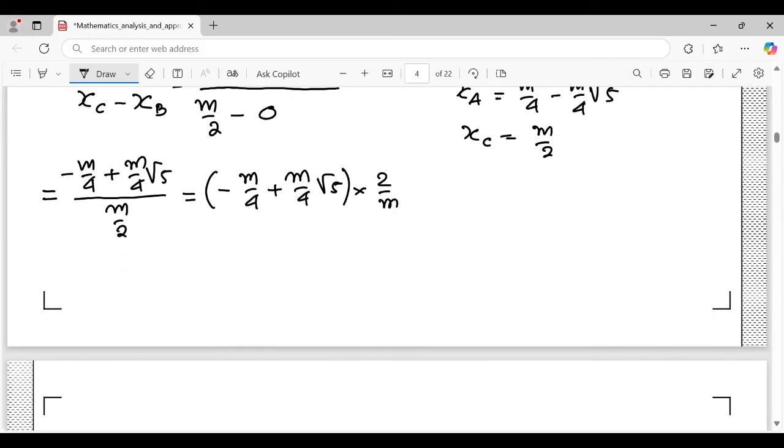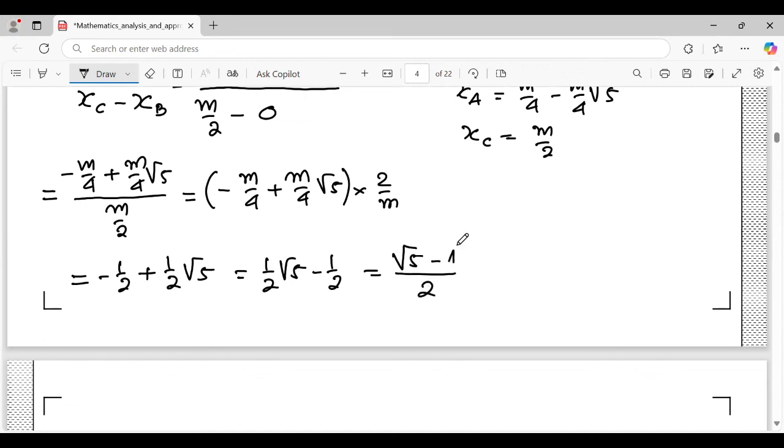The multiplication becomes minus half plus half square root 5, or half square root 5 minus half. Or we can write it like this: square root 5 minus 1 over 2. This is the solution.